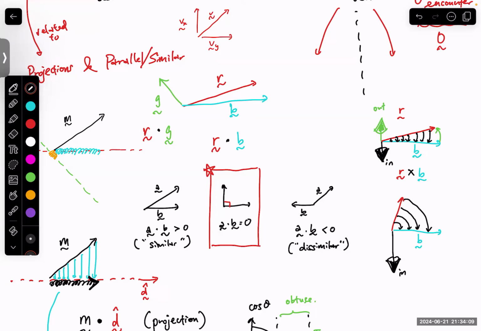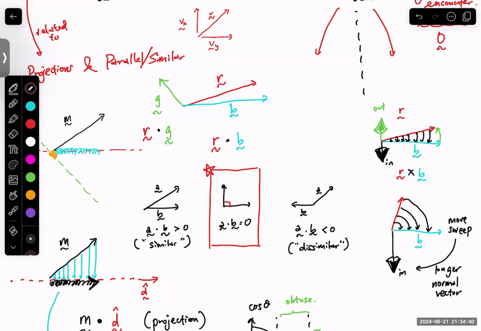So the idea is that more sweep means a bigger, or let's call it longer, normal vector.